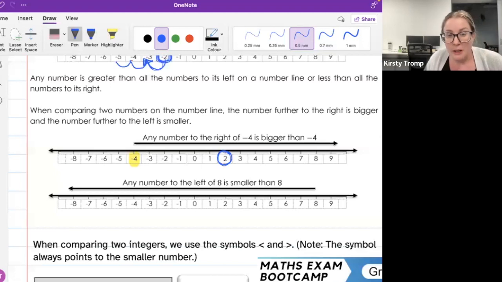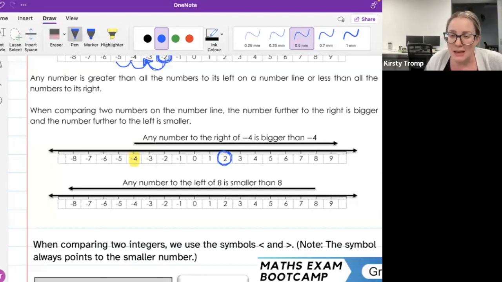You can tell me in the chat, is the 2 on the right of -4 or is it on the left of -4, guys? Where is the 2? It's on the right. Good. So the 2 is on the right of the -4 on the number line. Can you see it? It's there on the right.